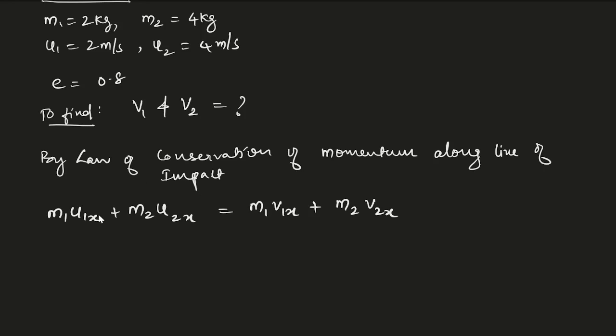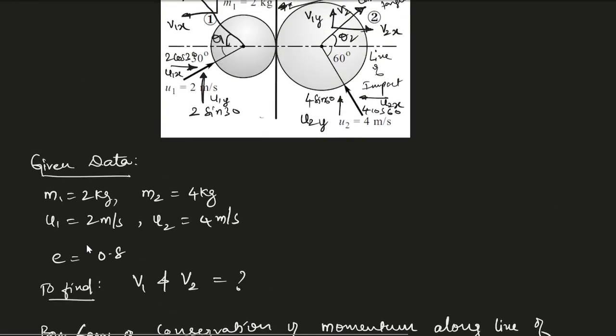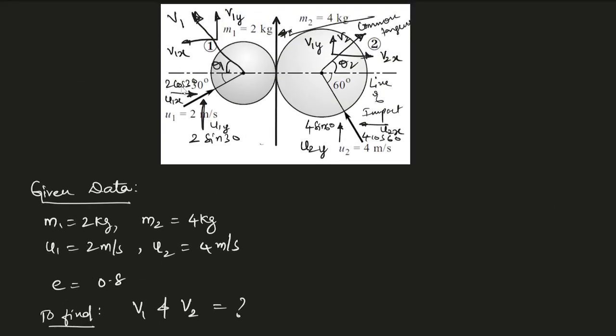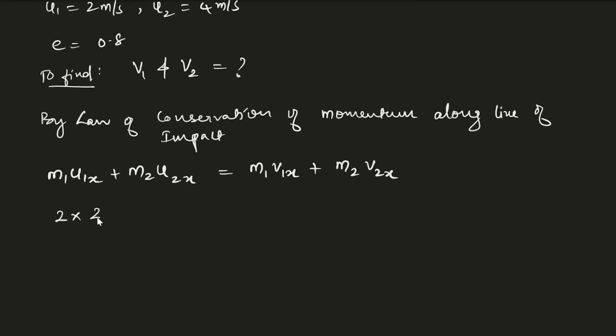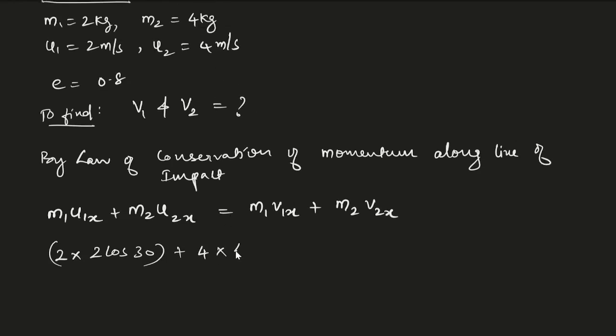Here it is not just m1 u1, it is the component of those velocities. Make sure that we are using the components because it is an oblique impact and will have an inclination. So m1 is 2 kg into u1x, the component of u1x is 2 cos 30, plus m2 is 4 kg into u2x, which is 4 cos 60.